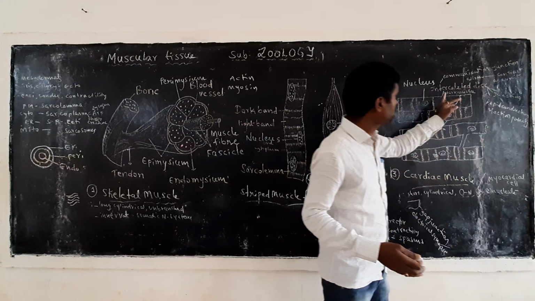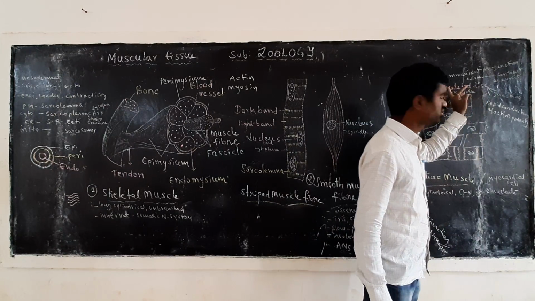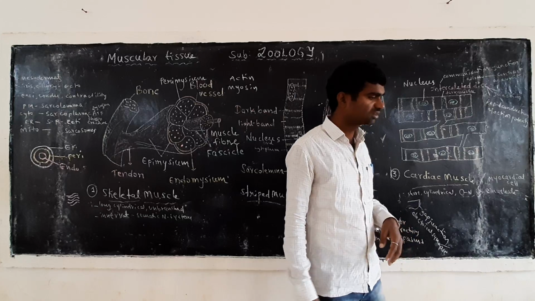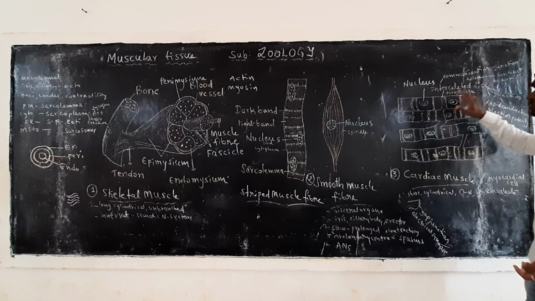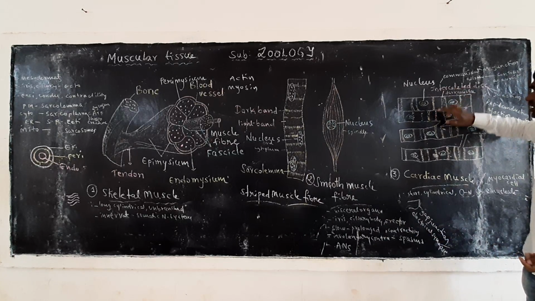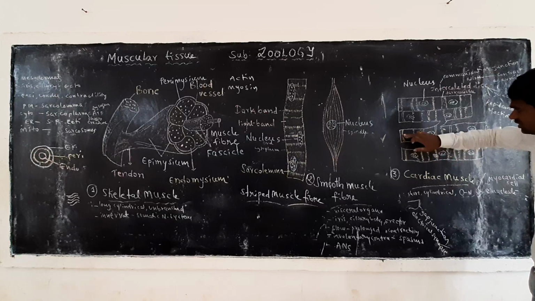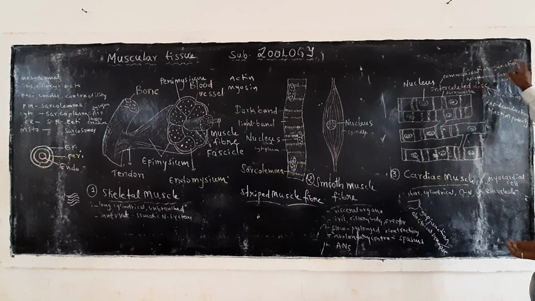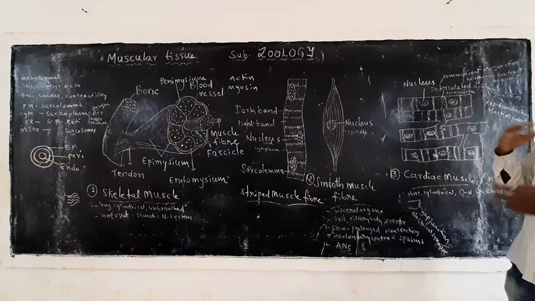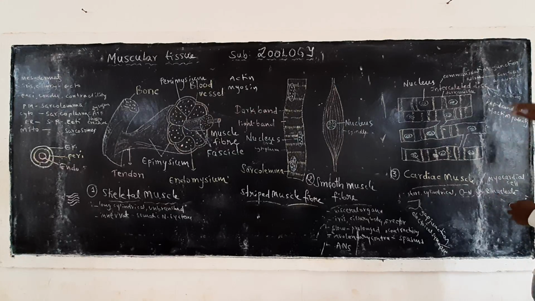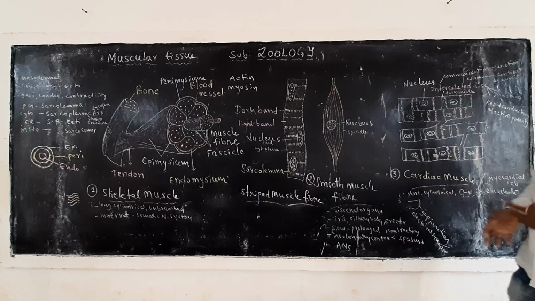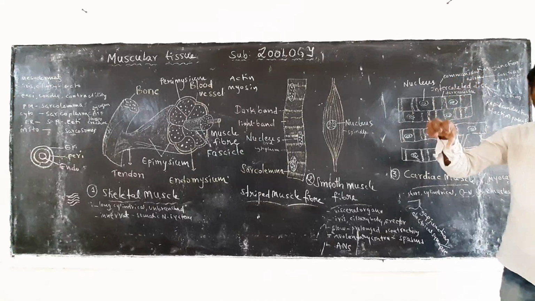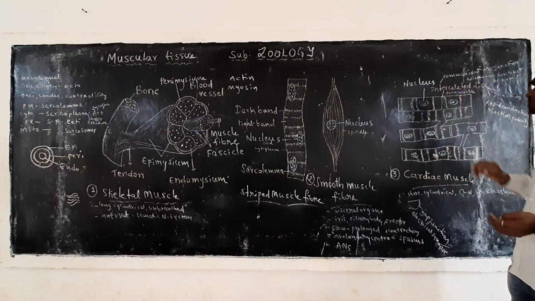Here the intercalated disc communicates the junctions and allows the contraction of the muscle tissue. One unit is the intercalated disc.